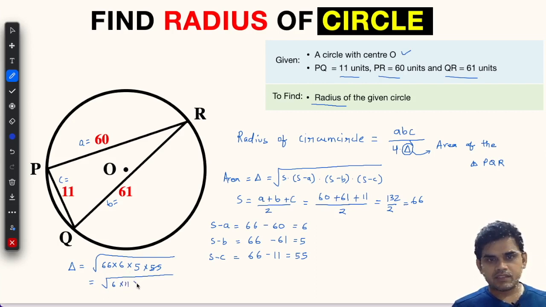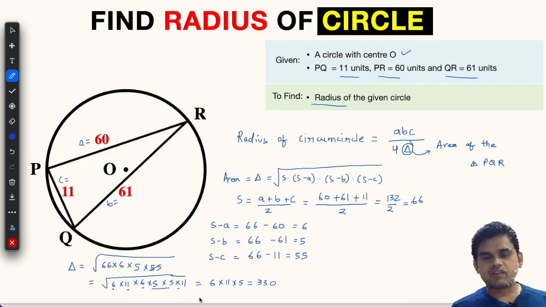Already 6 is here, then 5 is also here, then 55 can be written as 5 times 11. So we see that there are pairs of 6, 11 and 5. So 6 will be outside, 11 will be outside and 5 will be outside. 6 times 5 is 30, 30 times 11 is 330. We have found the area of this triangle PQR as 330 square units.